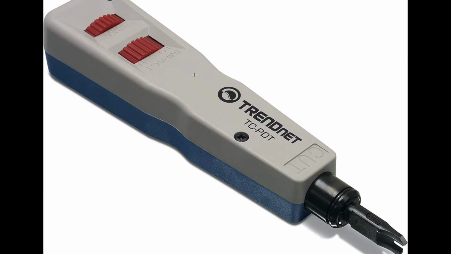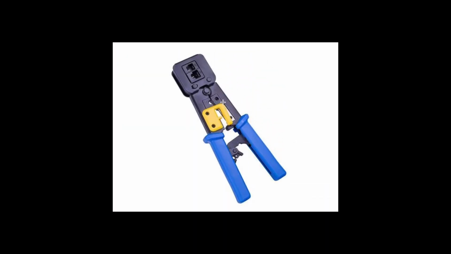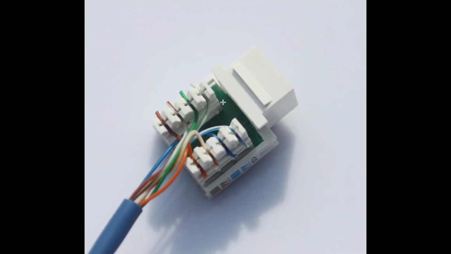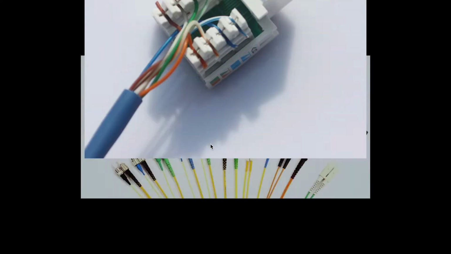And I'll put some links in the description below to show you how to properly use the punch down tool and the crimp. But basically, use a punch down tool. You set up the cables exactly how you want them, and then you use the punch down tool and you press on these locations here, and it presses it down, and now you have them safe and secure there.